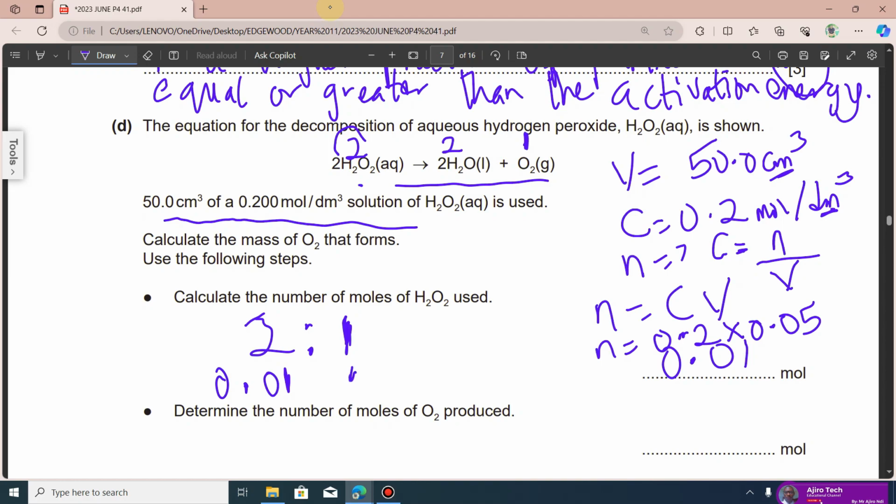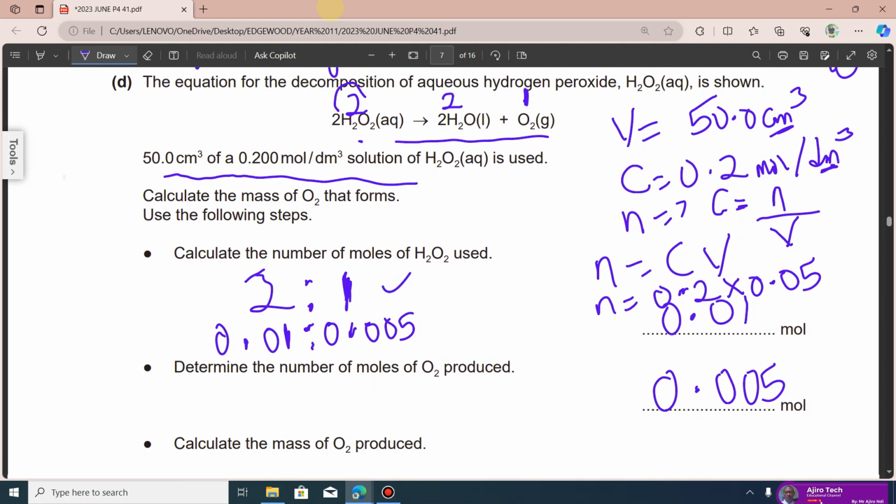So to get half of this, it becomes 0.01 divided by 2, which is 0.005. So what we have done is we are applying stoichiometry, looking at the ratios. So that means the amount of oxygen here becomes 0.005. Okay, now we have the number of moles of oxygen.